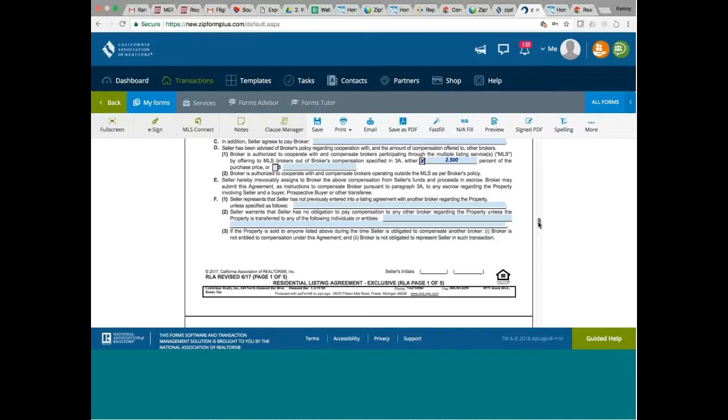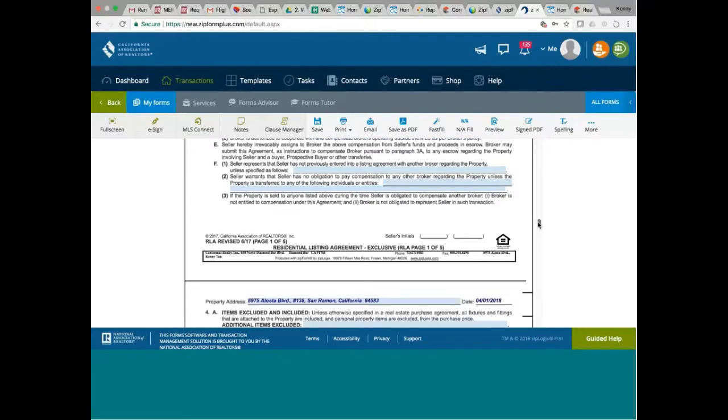Before that, you were given names by the seller, and the seller said that if these people submit offers, they are under the safety period of the previous agent. So if you deal with these individuals, you do not earn any commission. That's what number 3 says.